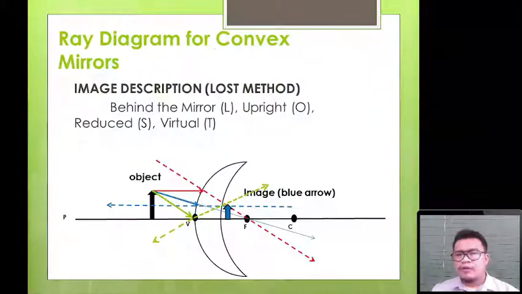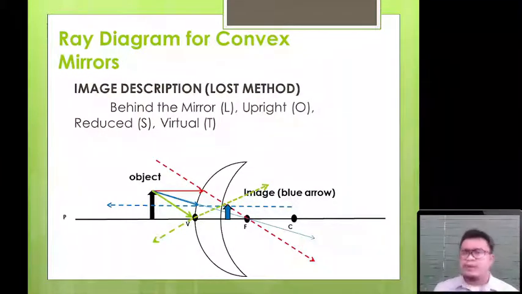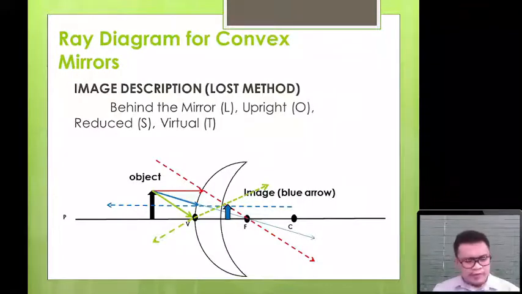For convex mirrors, the description of the image is always the same. Wherever you place the object in front of a convex mirror, the image characteristics do not change. It's always behind the mirror, always upright, always reduced or smaller than the object, and always virtual.